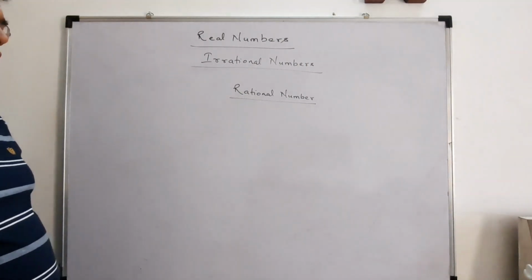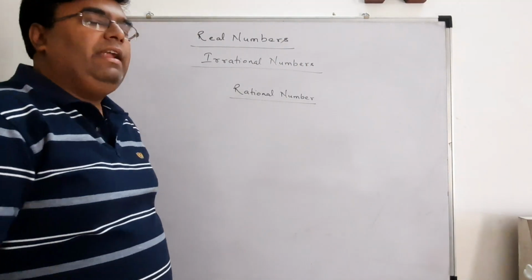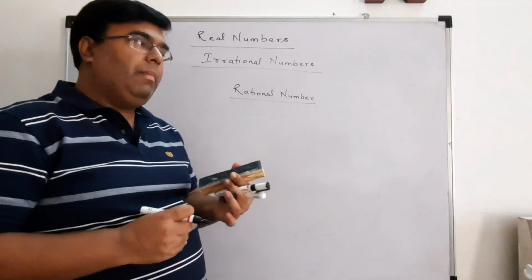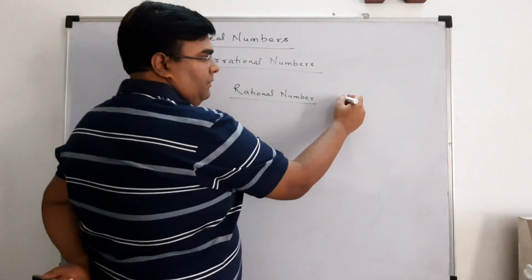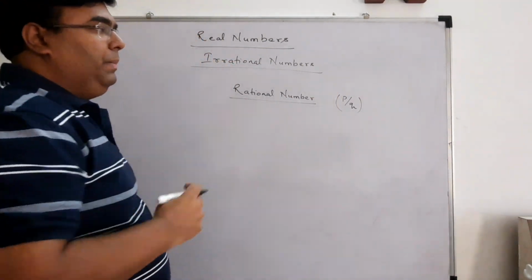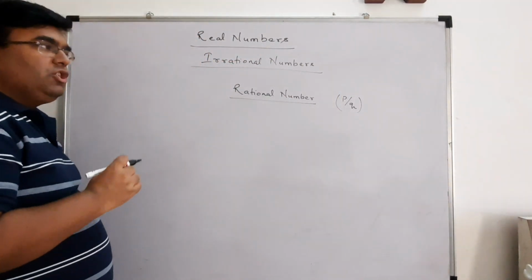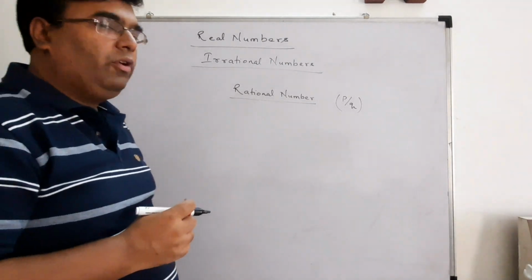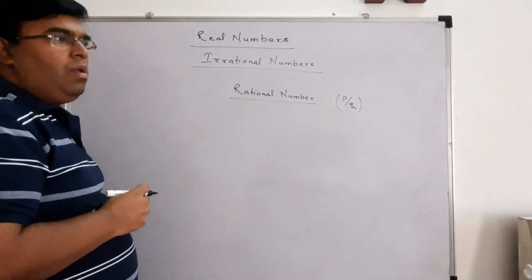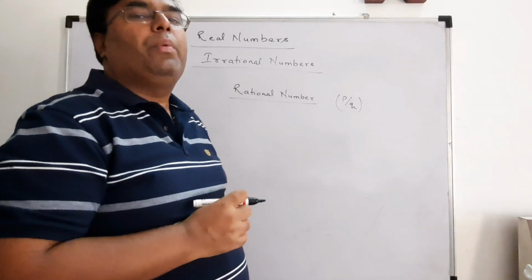Okay, a rational number is defined as a number which can be written in the form of p by q, where p and q both are integers. The condition for q is that it is not equal to 0, and p and q both should be co-prime.